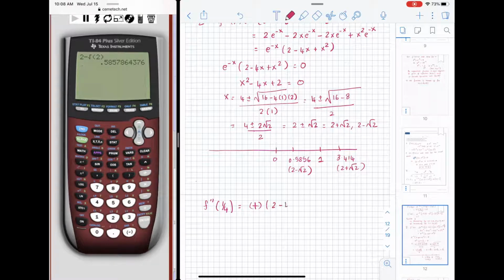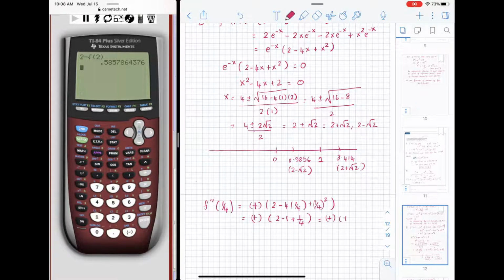Here 2 minus 4 times 1/4 plus 1/4 squared. So we have positive, and 2 minus 1 plus 1/4, and that would be a positive number also.